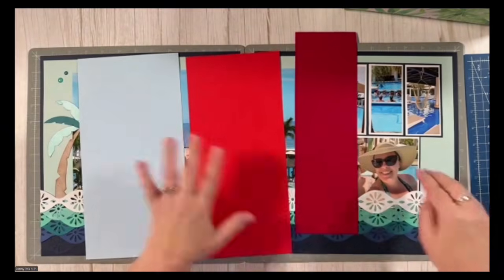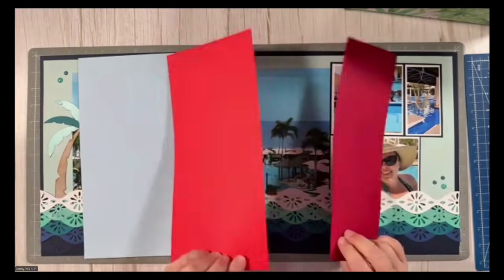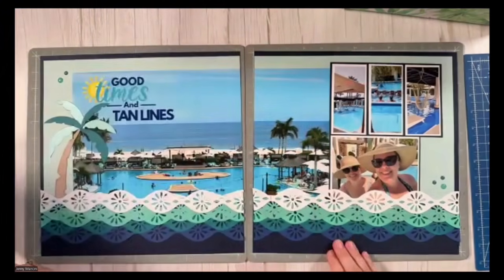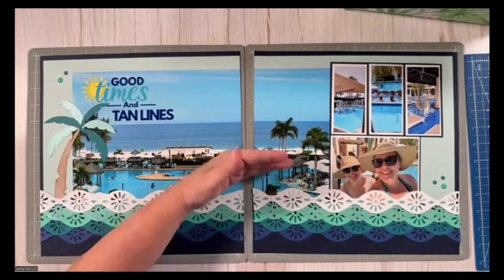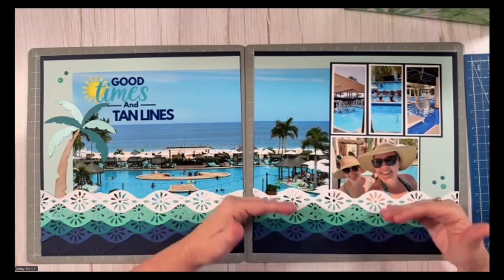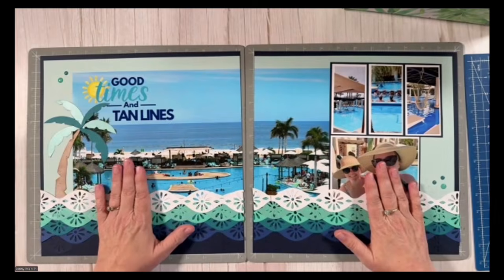So all of these elements came from little scraps of paper that looked like this. And I really liked the graduated levels of the ocean, which is how I chose the different papers that I chose. So that was the first element that we're going to talk about.